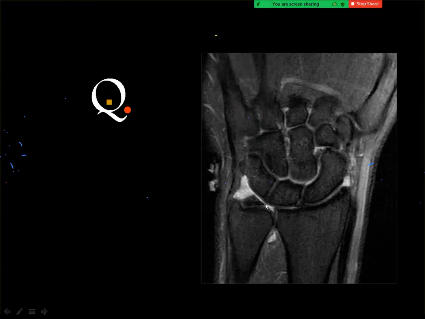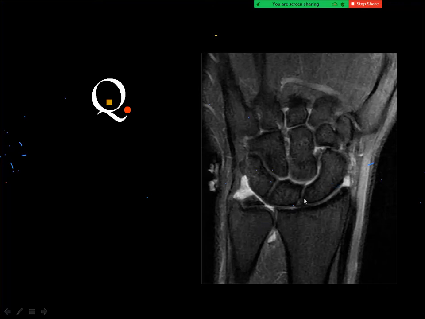You got a defect in the fibrocartilage along its attachment to the radius, with consequent leakage of fluid from the proximal radiocarpal and radioulnar joint into this space, which is the distal radioulnar joint.